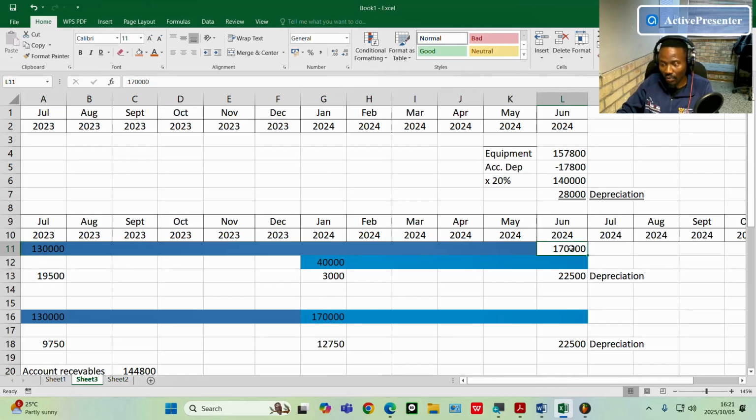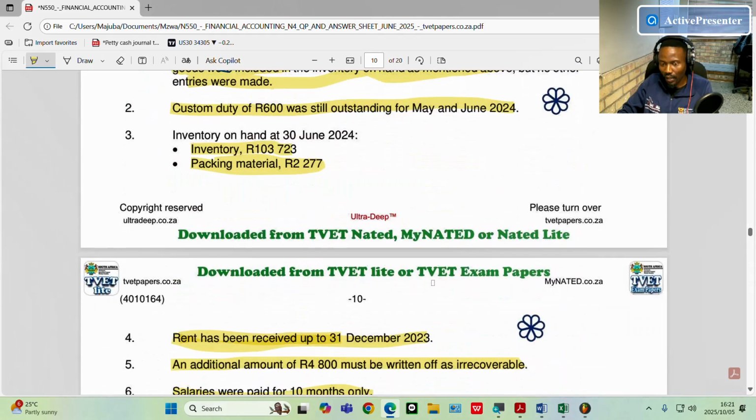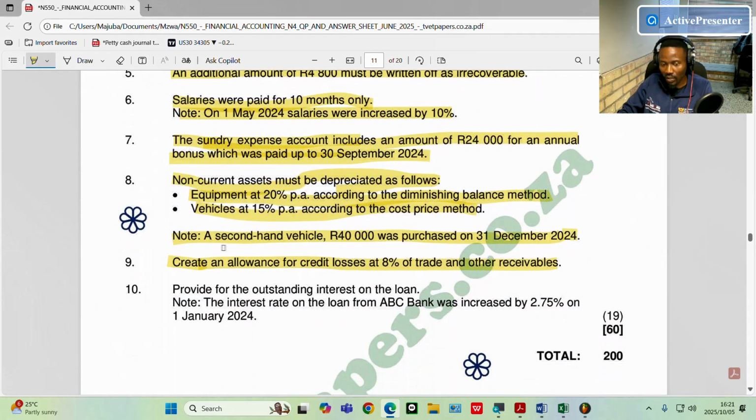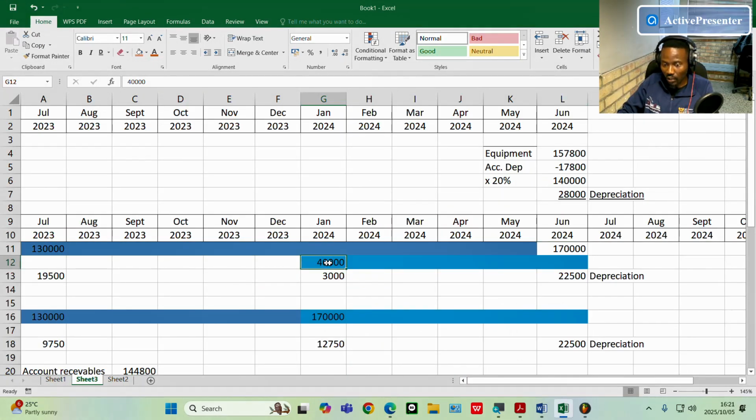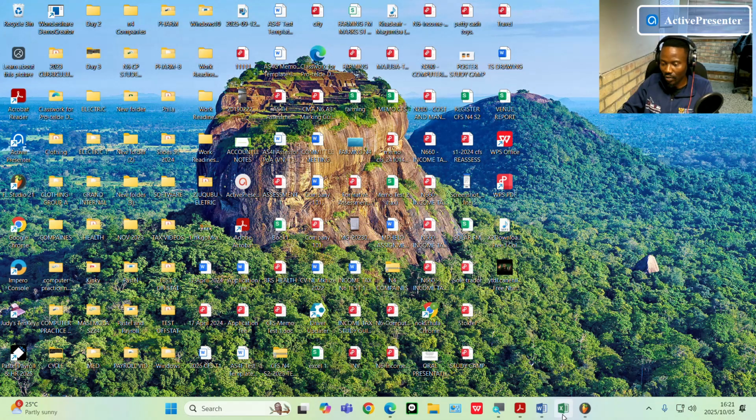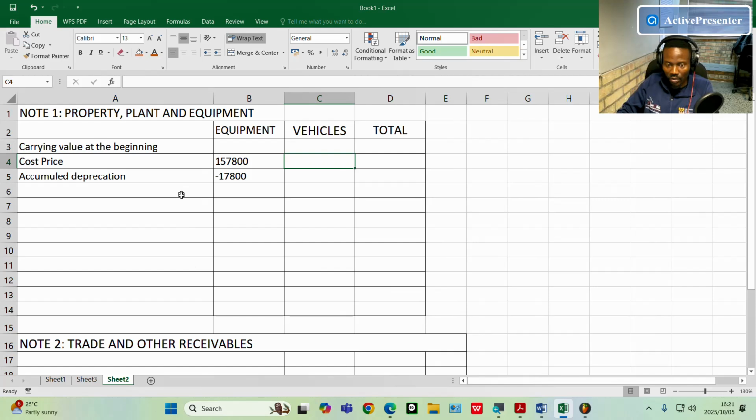So that's the closing balance minus the vehicles that we bought during the year. Here it says, note, a second-hand vehicle, 40,000, was purchased on 31 December 2024, which is why we started counting from 1 January. So for vehicles at the beginning it's 130,000.